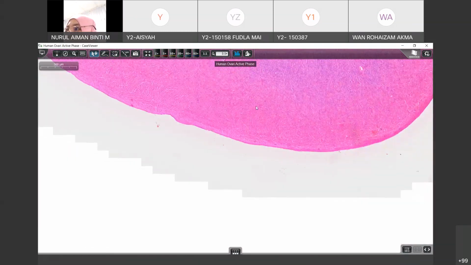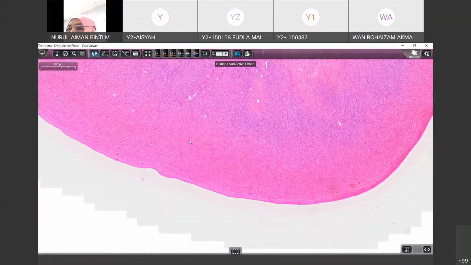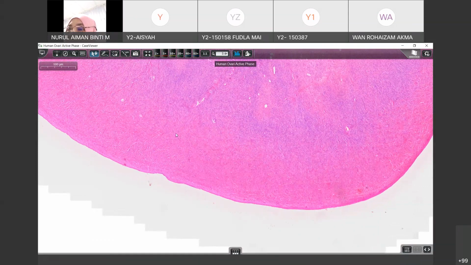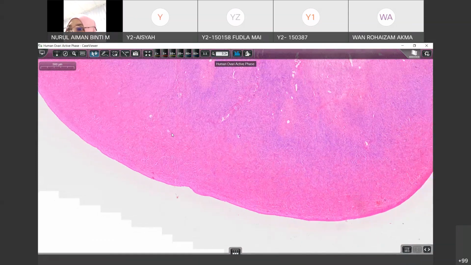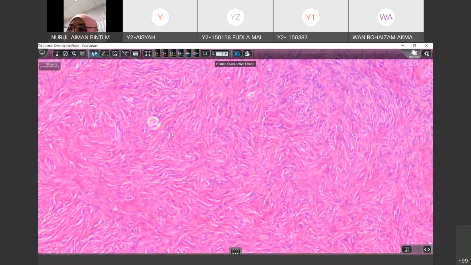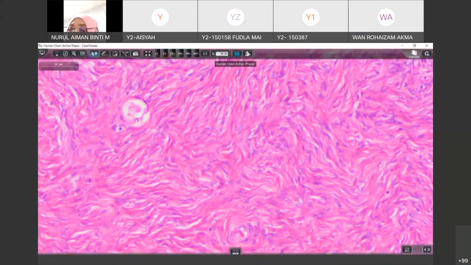All right. So you look at the cortical region, you can try to find some of the primordial follicles. This is part of the primordial follicles you can see, but it's already a little bit distorted here. The oocyte also, you can see the nucleus, because during preparation it is already distorted, but at the outer part of the oocyte you can see a simple squamous epithelium lining the oocytes.